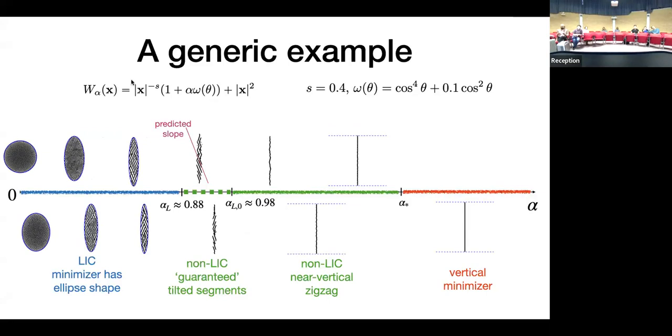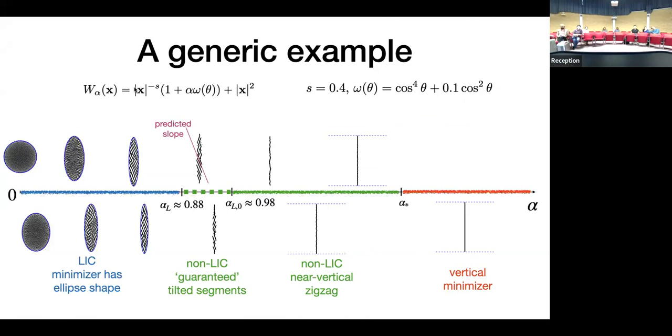And here we take the Riesz-type repulsion with S equals 0.4, and our angular profile is a linear combination of cosine to the fourth and cosine squared. So this little omega still prefers the vertical direction. So I expect that your minimizers will be elongated along the vertical direction. Let's see what's going on here.